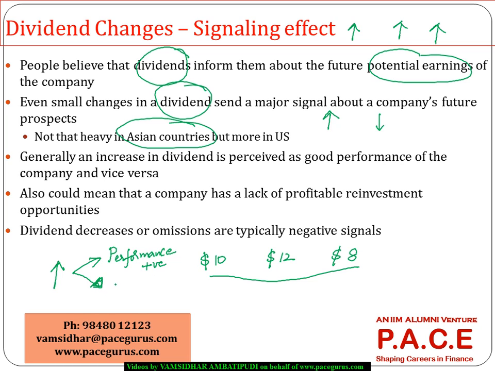On the other side, there are people who look at it as the company not having sufficient reinvestment opportunities, so that's why they are declaring and paying dividend, and they look at that declaration or increase in the dividends as a negative signal. So both of them could come out as a part of an increase in the dividend. But what is typically observed is that whenever there is a decrease in the dividend, the signal generally is negative.